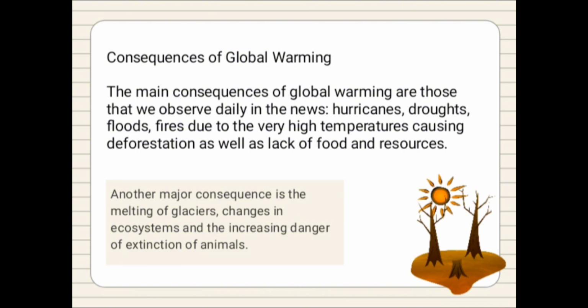Another major consequence is the melting of glaciers, changes in ecosystems, and the increasing danger of extinction of animals.